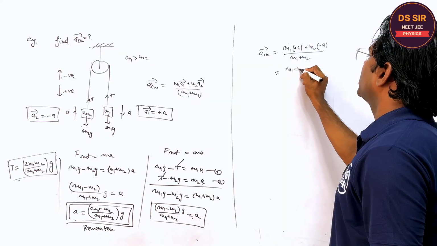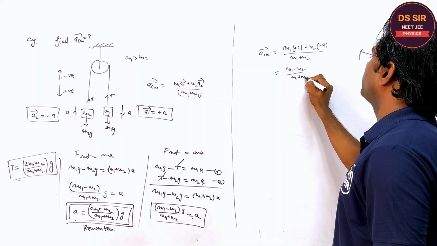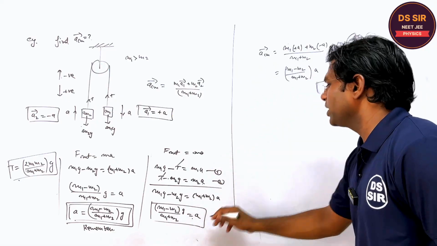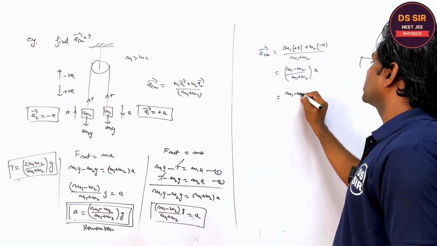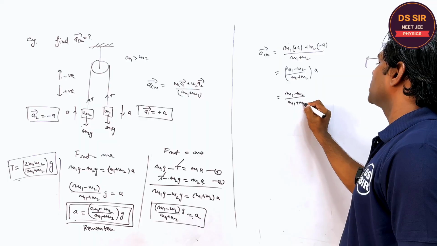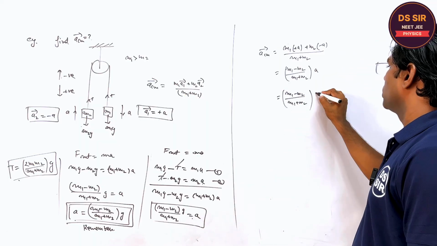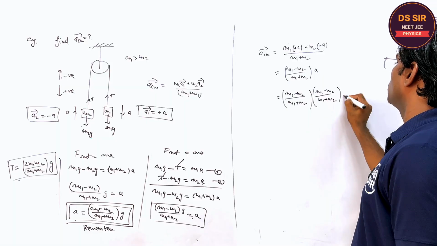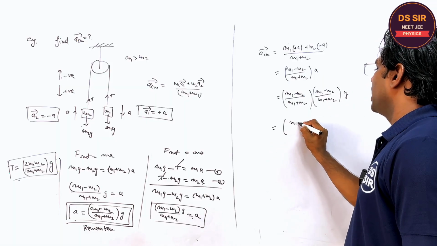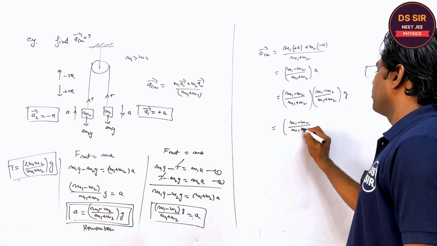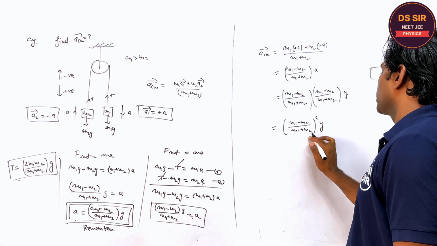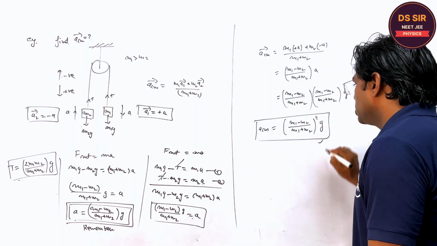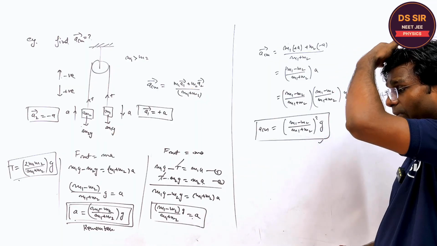So M1 minus M2 upon M1 plus M2 into A. And what is the value of A? It is M1 minus M2 upon M1 plus M2 into M1 minus M2 upon M1 plus M2 into G. So the answer is M1 minus M2 upon M1 plus M2 whole square into G, and this is the acceleration of the center of mass. So this formula you can remember.